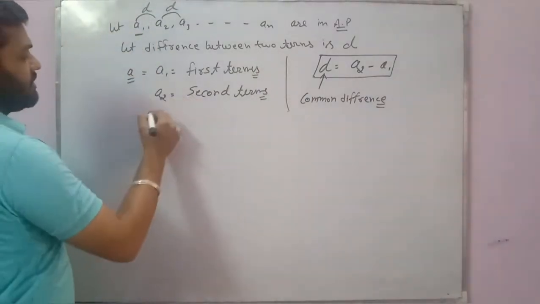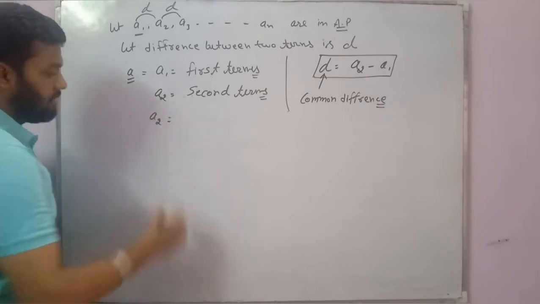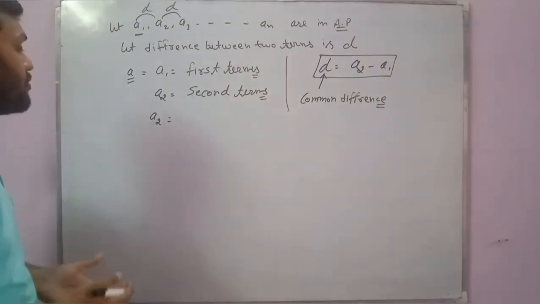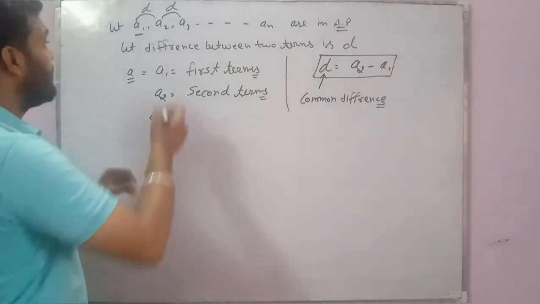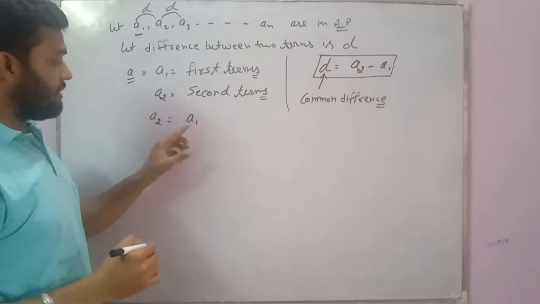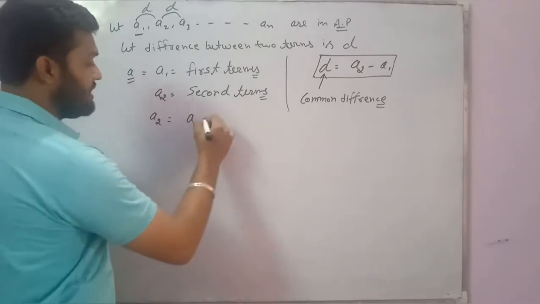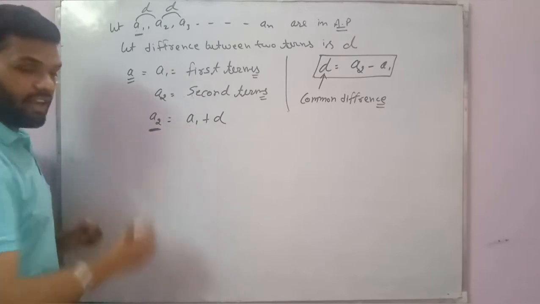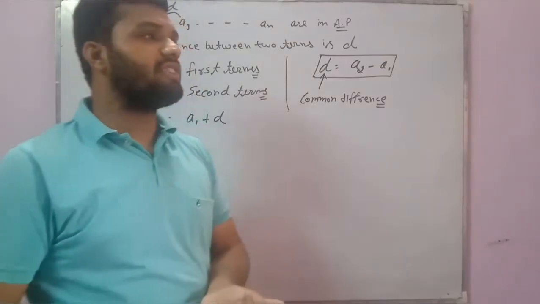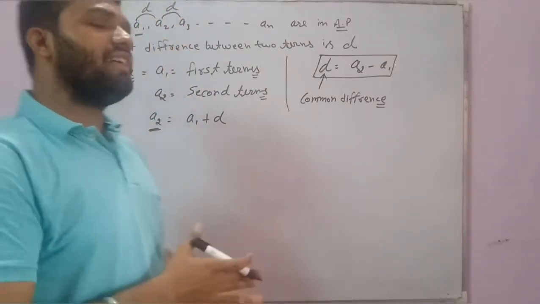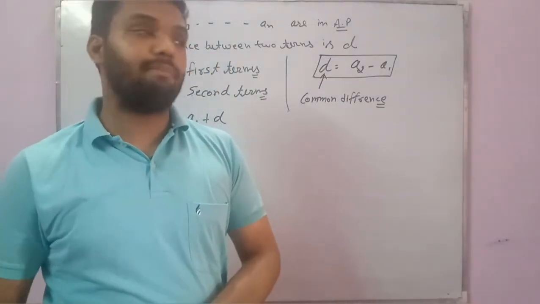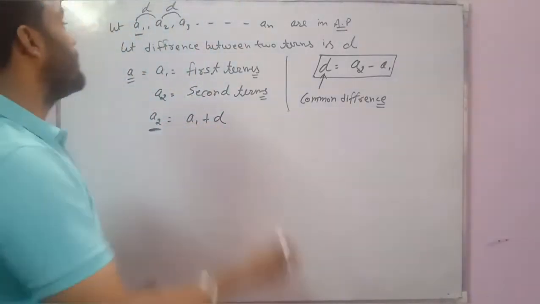Now again A1, A2. How do we find A2? If we add D to A1, we get A2. अपन समझे definition से कि if we add the same number to the preceding term, we find the succeeding term.